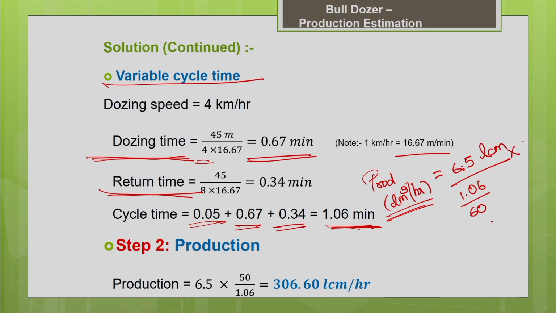And one more important thing, you have to multiply it by the job efficiency. So you are going to work for how much time in a hour? Okay, that is job efficiency, working efficiency. 6.5 divided by, okay, let me simplify, 6.5 into 60 divided by 1.06. So what is the job efficiency? It is nothing but it works for 50 minutes in a hour.